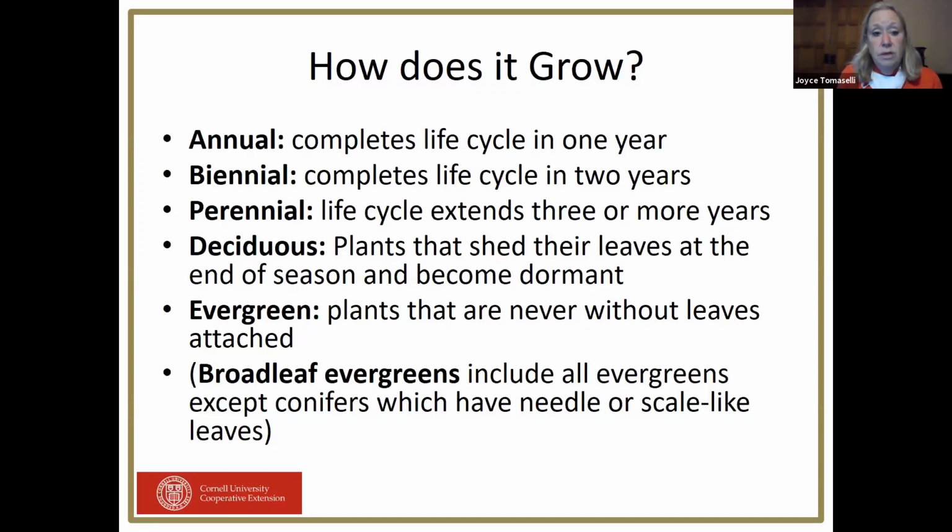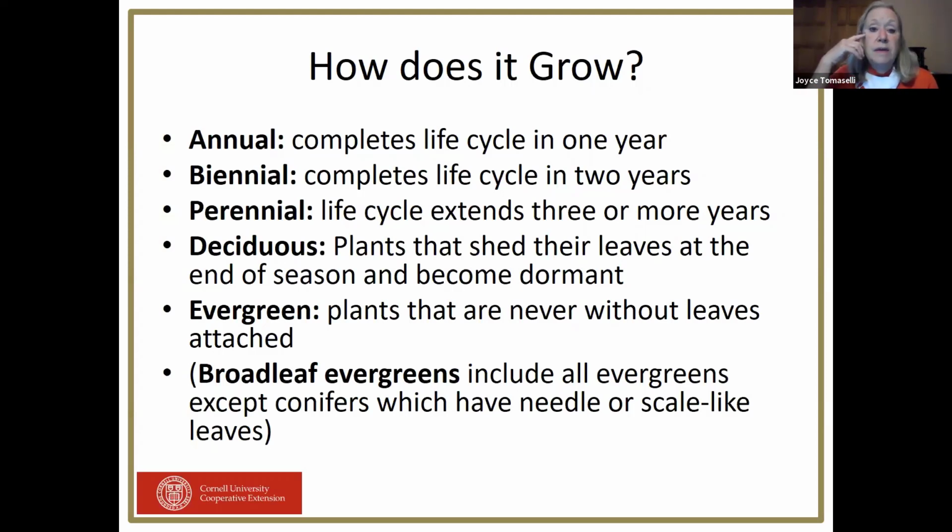So garlic mustard is a biennial. You've got 2 years to pull it before it goes to seed, and you can break the cycle of that spreading through your garden. Parsley is a biennial. So the second year you'll get some leaves, but it's going to go to seed fairly quickly, and so that's why you tend to replant parsley every year.